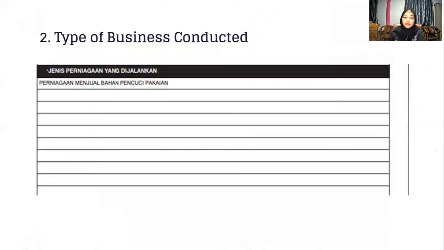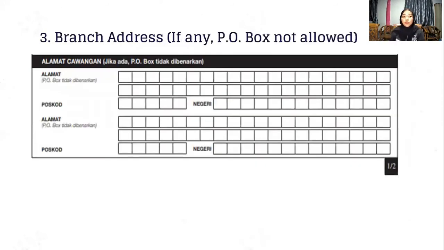So next, section 2 has the type of business conducted, which in form A42 is this type: our company will provide detergent for our customers. Next we proceed to the third section, which is the branch address. If any, PO box is not allowed.